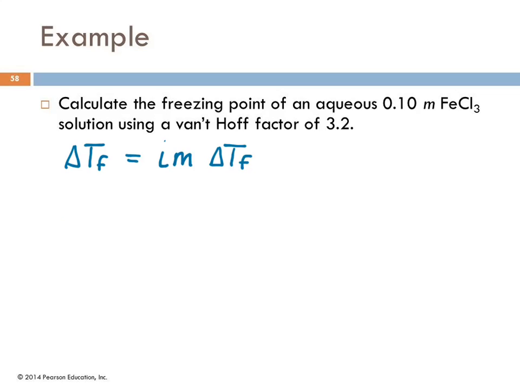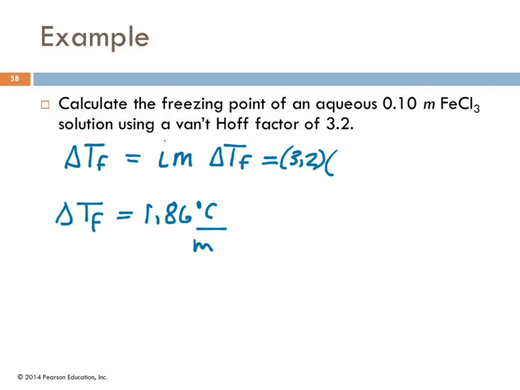We used it once already, but it's long gone from my brain. 1.86 degrees Celsius per molal. And so now the only difference is that we're going to throw in that Van 't Hoff factor, and then the molality, and then the constant 1.86 degrees Celsius per molal.